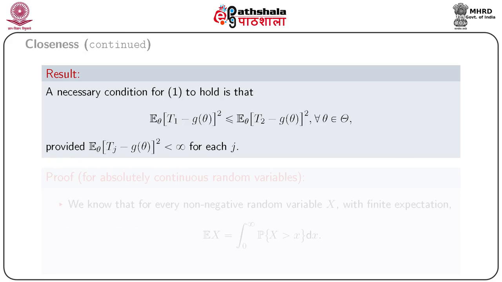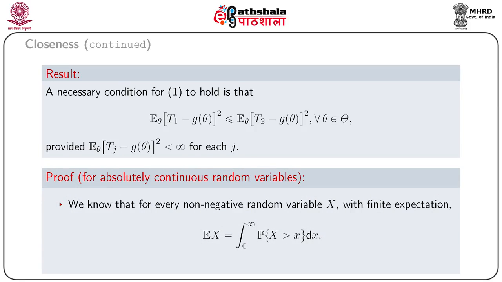A necessary condition for star to hold is that expectation under theta T1 minus g theta whole square is less than or equal to expectation under theta T2 minus g theta whole square for all theta belongs to script theta, provided expectation under theta Ti minus g theta whole square exists for i equals 1, 2.